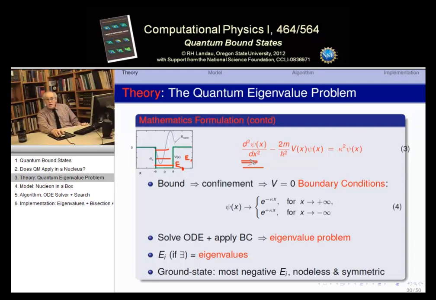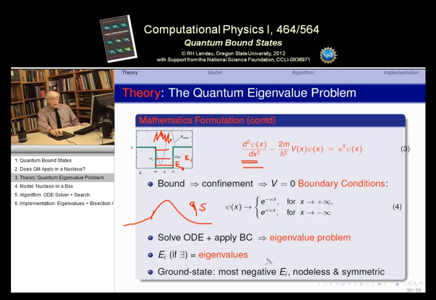So if we want a ground state energy, we want the lowest energy, we want the least curvature to the wave function. If we have a wave function with lots and lots of wiggles like that, that's going to be a much higher energy wave function. The ground state will have as few wiggles as possible, so it's going to be just like that.